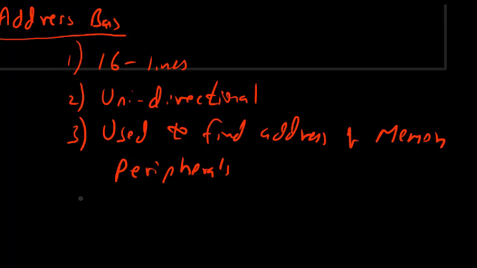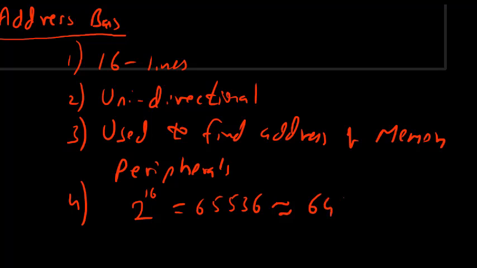Now the significance of the address bus. As we have 16 address lines, the microprocessor 8085 can address up to 2 raised to 16 locations. That is 65,536, which roughly comes to 64 KB.